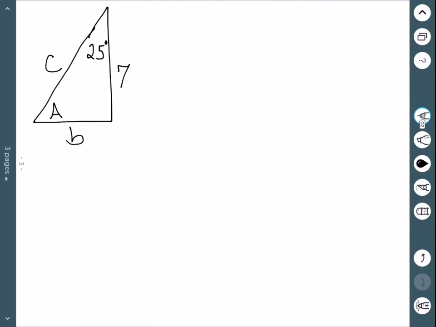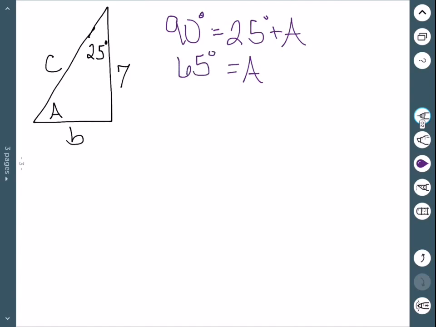We have another one here. We can easily find our angle A by saying that 90 degrees should be equal to 25 degrees plus a degrees. Subtracting from both sides gives us that a is going to be 65 degrees.